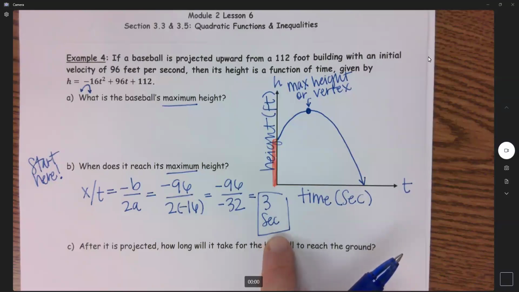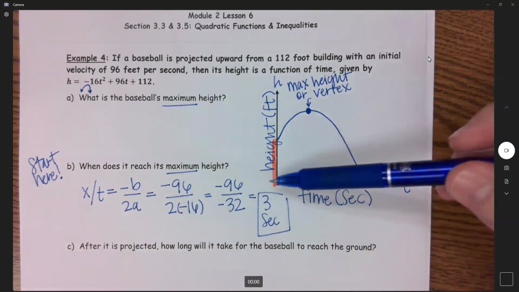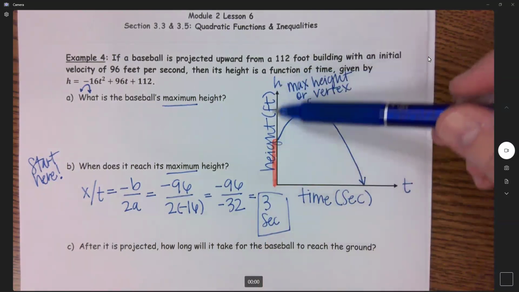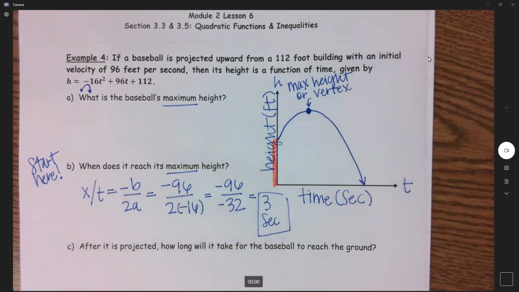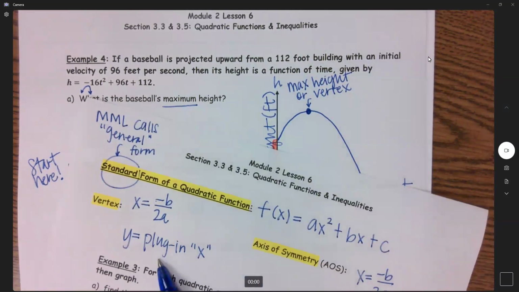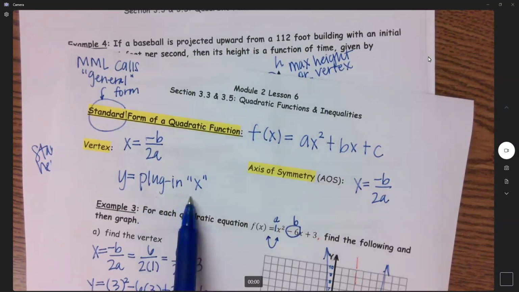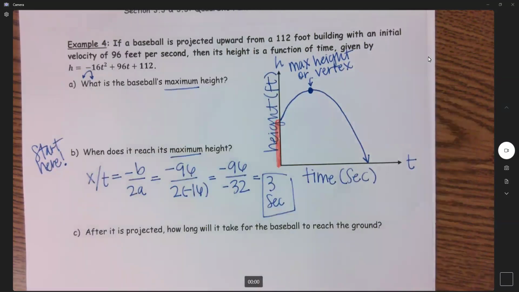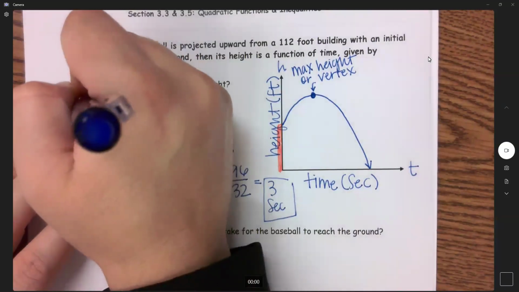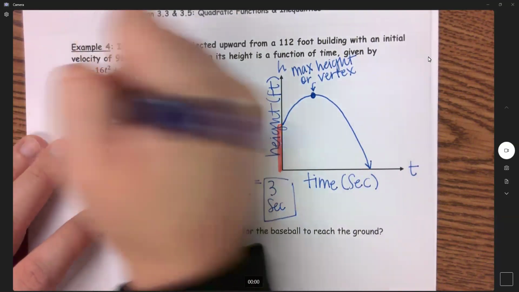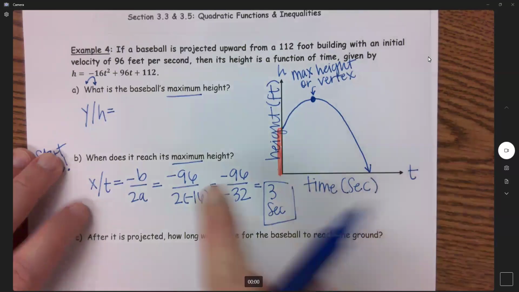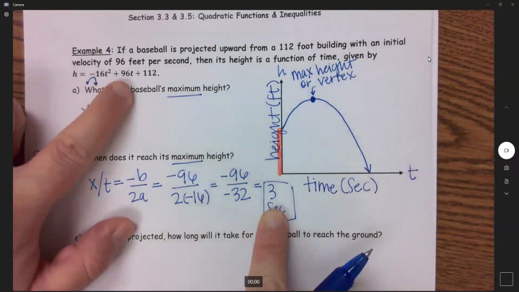So now going back up to part A, what is the baseball's maximum height? Now we're looking for that y, or in this case, the h coordinate of our vertex. To find that y coordinate, we simply plug in our x. So h equals, and I am plugging in 3 for all of these t's.